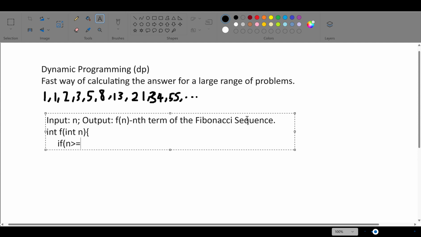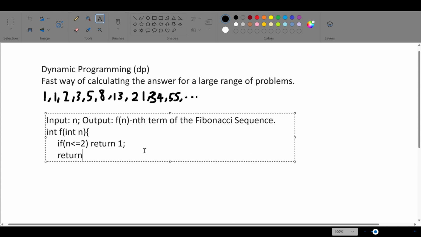The first thing we do is, if n is less than or equal to 2, then we return 1. Why is this? We know that the first 2 terms of the Fibonacci sequence are 1 and 1, right? So if n is less than or equal to 2, we're returning either the first or the second term of the Fibonacci sequence. So we just return 1. No more calculation can be done.